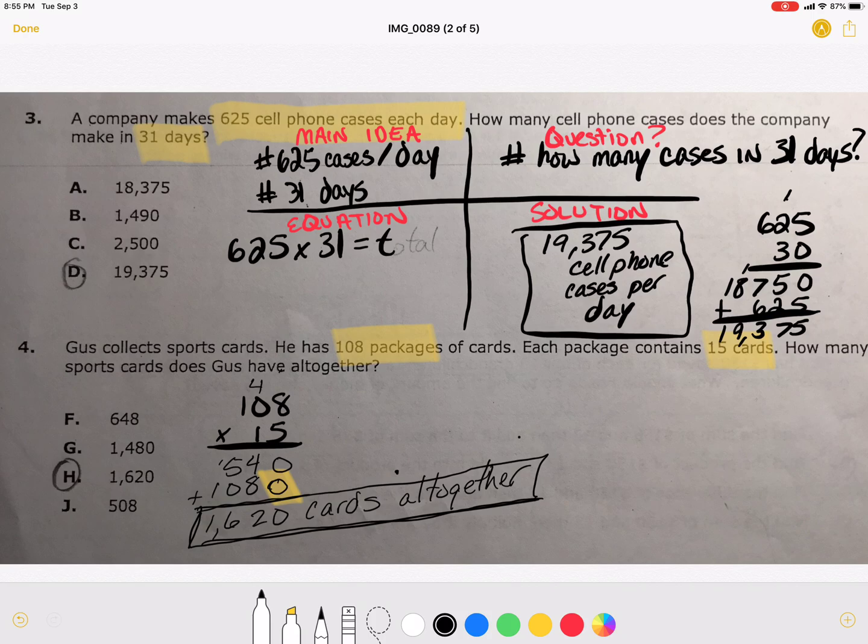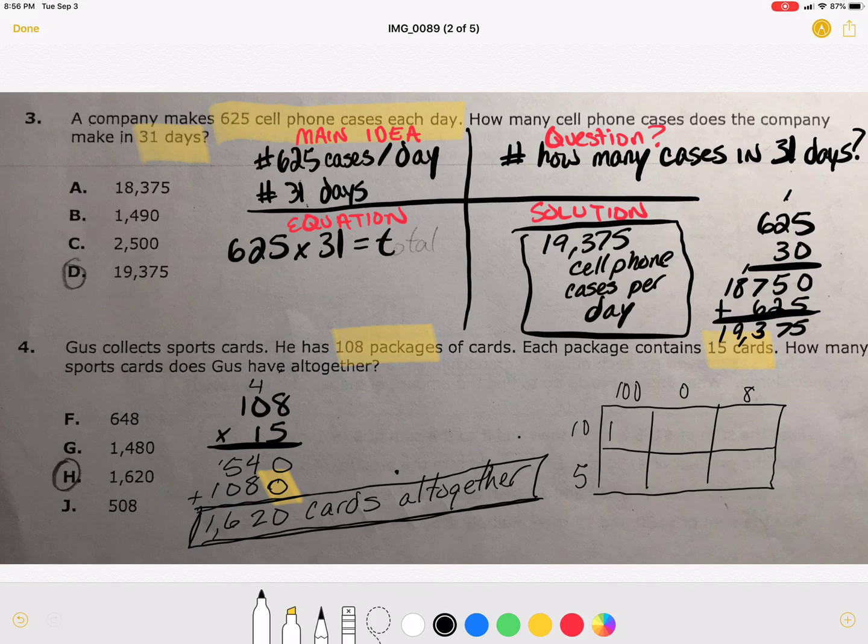First of all, using the array does allow you to visualize what kind of places you're working with here. So 108 would expand out into 100, and you can put the tens here, hundreds place, tens place, ones place, and then 10 and 5. And then you just multiply it through.